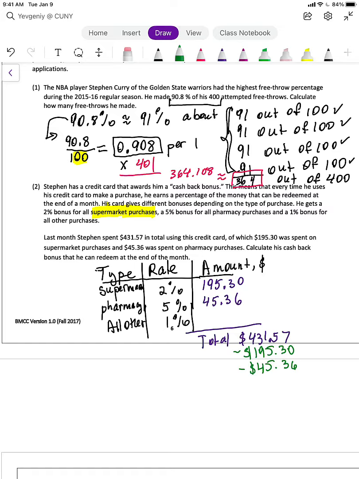So we minus the first category, and then we minus the second category, 195.30 and 45.36. Perfect. All right, so we got $190.91. I should have written that there right away.